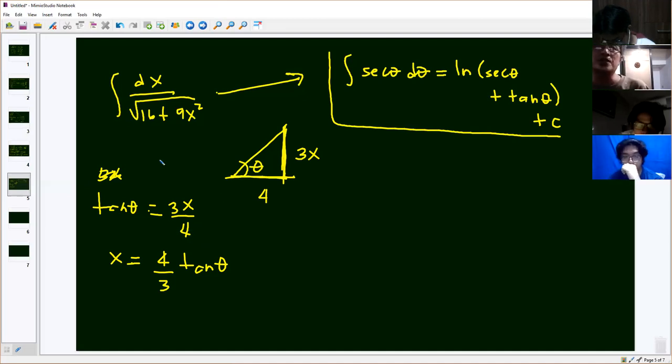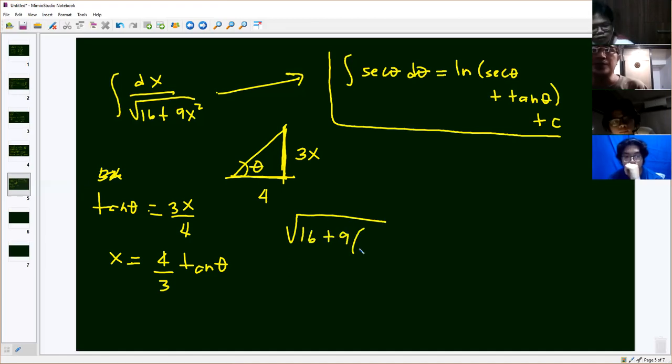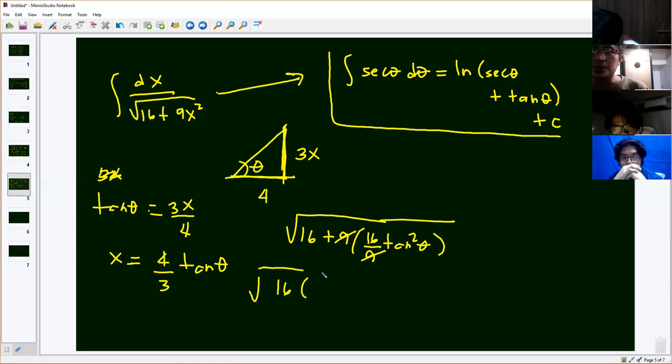Kaya, as you can see, mangyari lang sa substitution, sa loob ng square root, 16 plus 9 times 16 over 9 tan squared. See that? Kung bakit by purpose ganyan ang nangyayari. Kasi mangyari, 16 quantity, then the square root, which is 1 plus tan squared, which is a trigo identity.